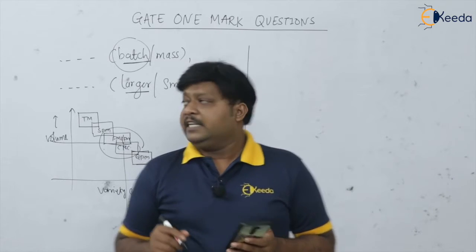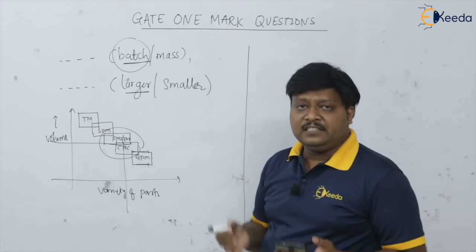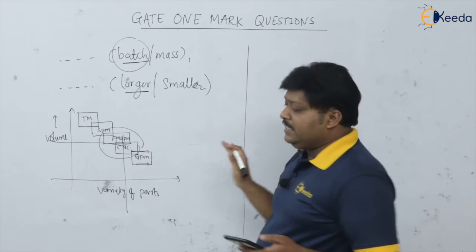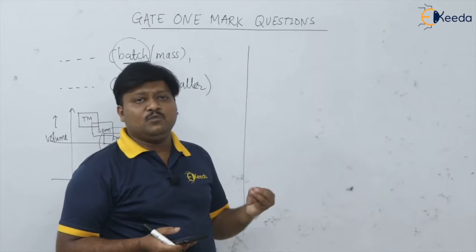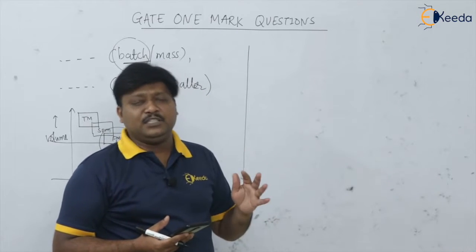So dear students, in this point-to-point control system, we have seen that only single movement of the axis is required. Only one axis movement, that is a tool axis movement or tool movement, is sufficient for that.